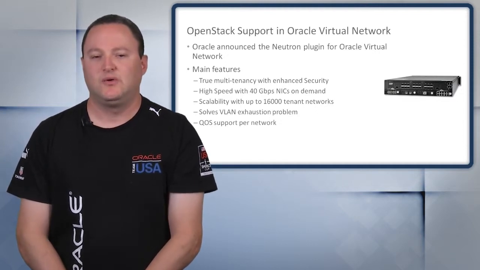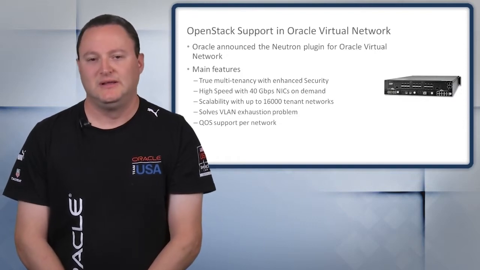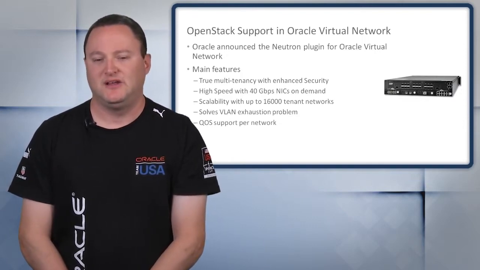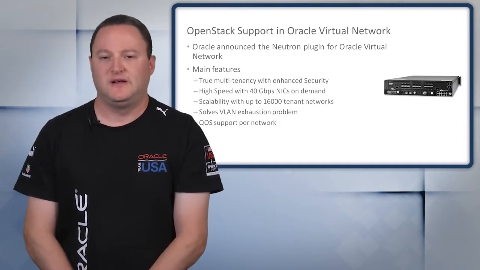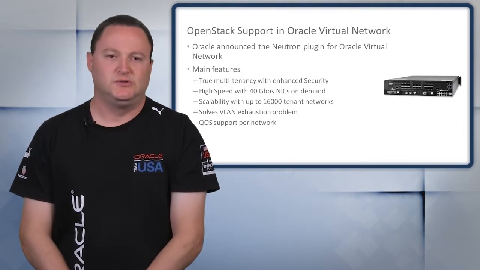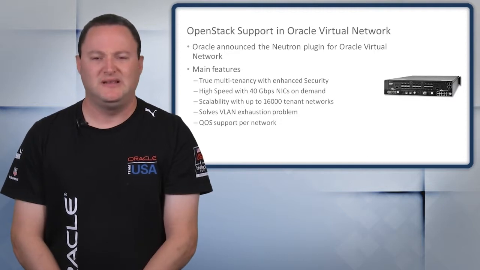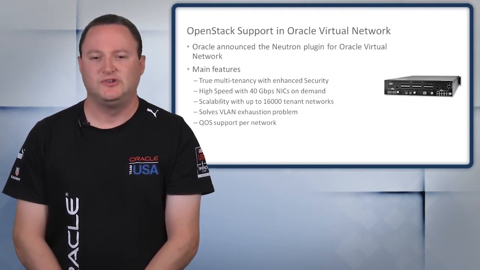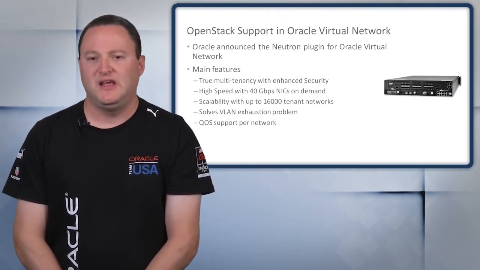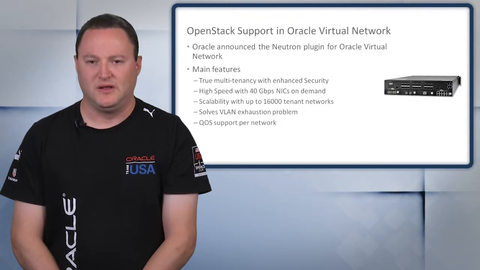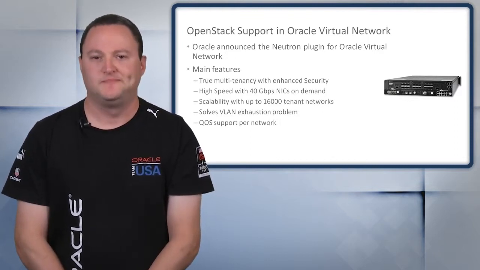We could support quality of service per network, and that becomes extremely important in an environment such as OpenStack, where you have all kinds of tenants and all kinds of workloads that need to provide a certain level of service. And this is probably almost the only option to do that in OpenStack today, to get such high performance with security and quality of service. So Oracle Virtual Network is a very good option for OpenStack networking.